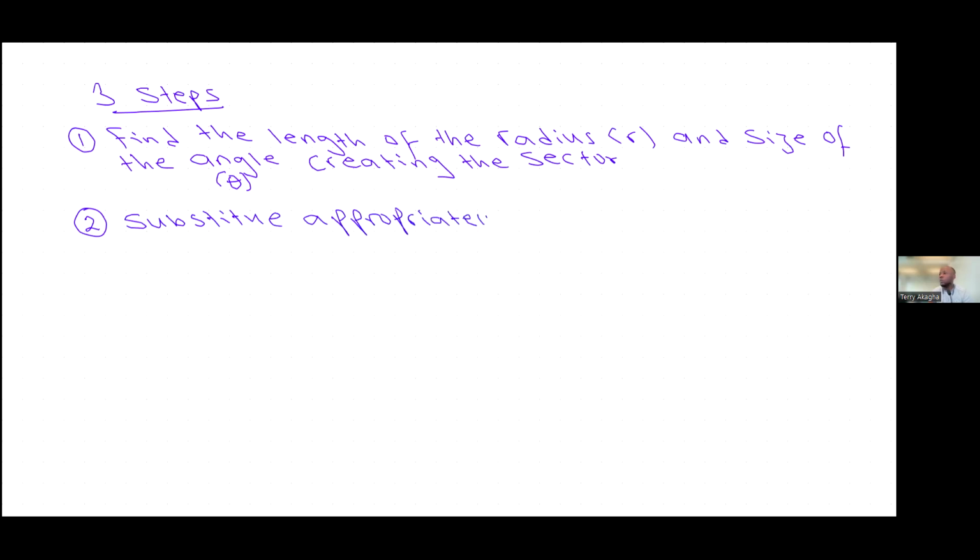Then the area of a sector will be equal to theta over 360 times pi r squared.